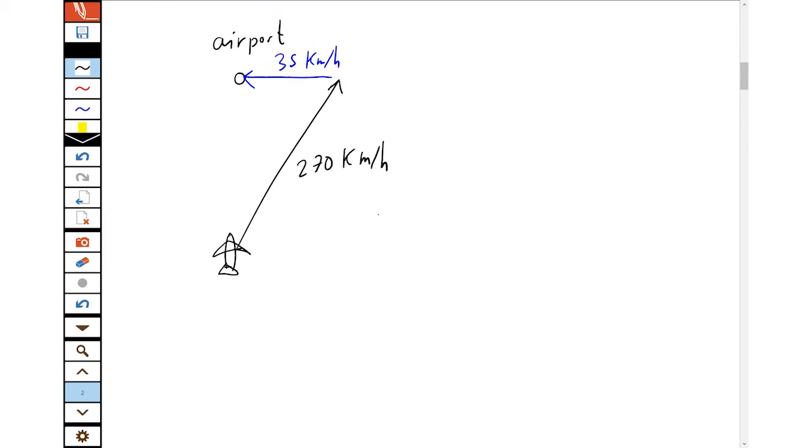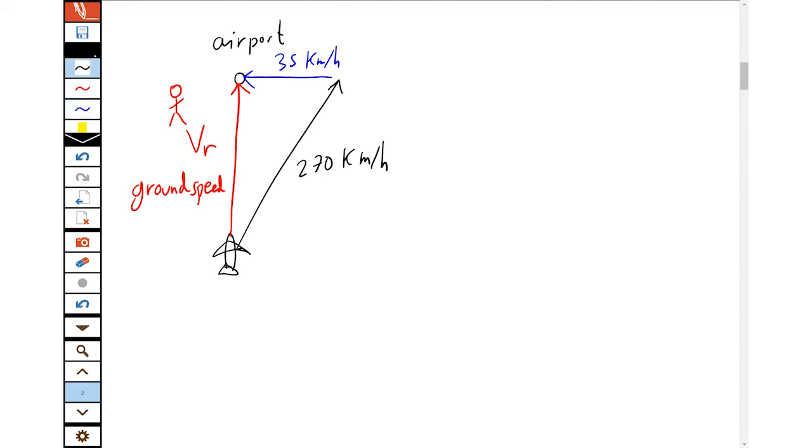That's a term sometimes used in this. The plane compared to the air is going 270 kilometers per hour. Well, now when we add these, we see the result will take us to the airport. And this resultant is sometimes called the ground speed, because that's what it looks like to somebody on the ground just looking up.